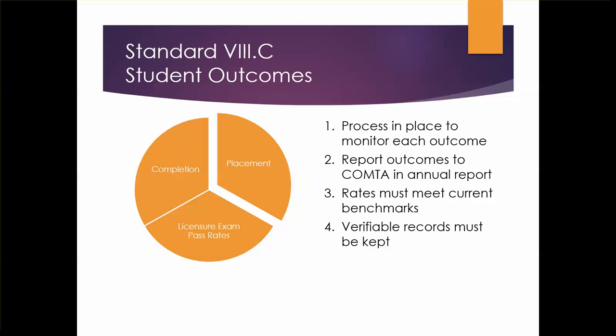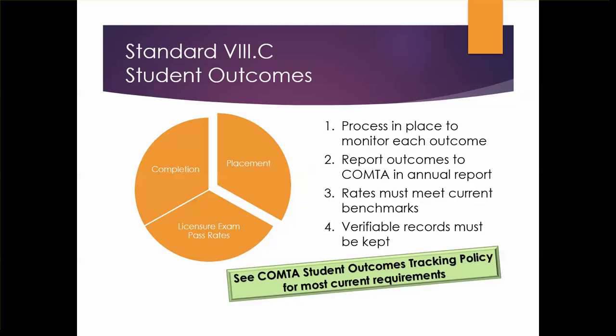Verifiable records must be kept by the program to verify these rates. And as mentioned, the Commission has established a new student outcomes tracking policy, which is available online and includes a lot of details and great information and assistance in tracking your outcomes and understanding who must be reported and how the reporting is now going to be done.